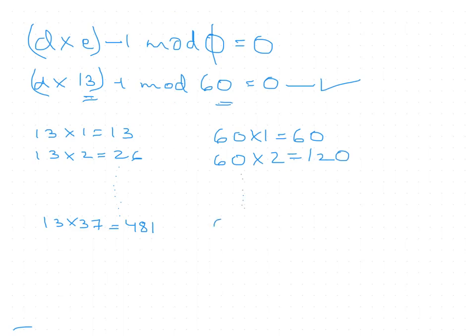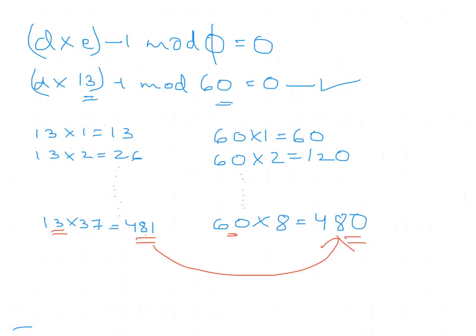Similarly, you'll see later on that 60 times 8 is going to result in 480. Now if you see here, I have a product of 13, which is 481, which is 1 greater than the product of 60, which is 480.